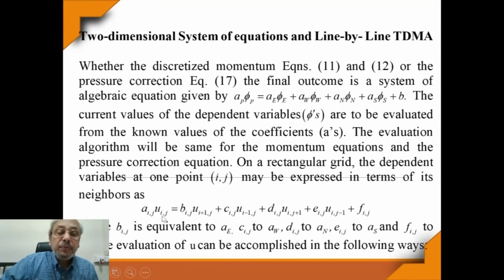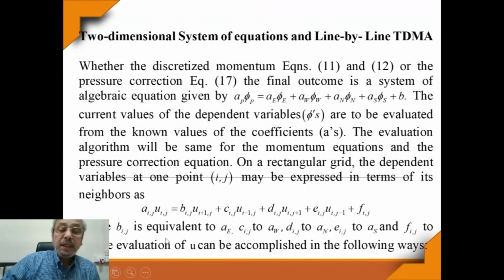Instead of phi P, if we write uij, the coefficient is aij. Instead of phi E, the eastern neighbor, ui plus 1j, the coefficient is bij. Western neighbor, phi W, ui minus 1j, its coefficient cij; ui j plus 1, its coefficient dij; ui j minus 1, its coefficient eij; plus fij, all the remaining terms.